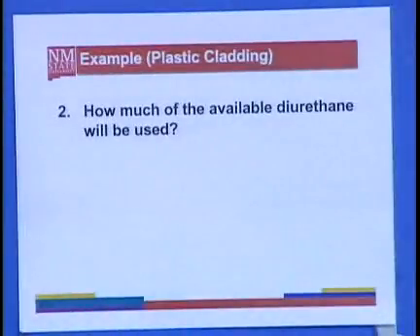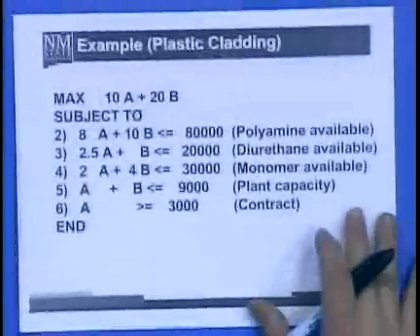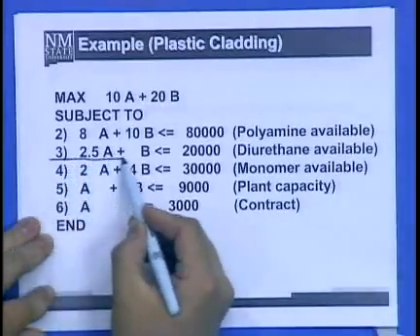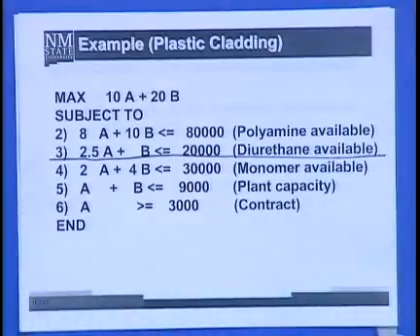Okay, question number 2. How much of the available diurethane will be used? Row number 3 represents resource constraints for diurethane, right?